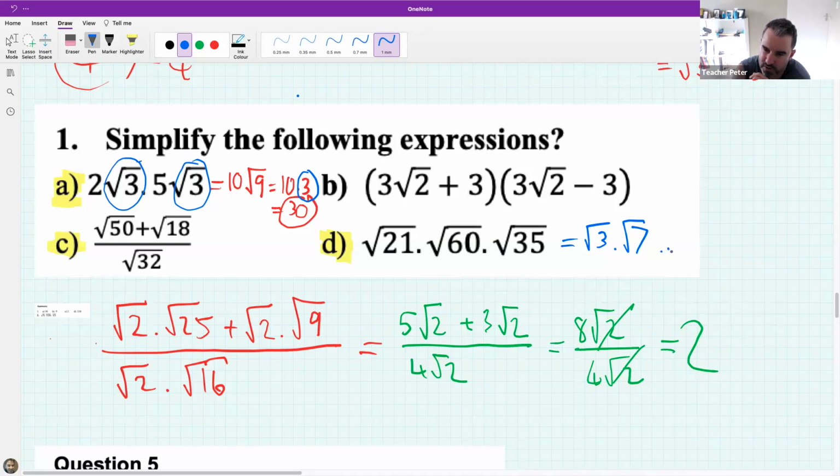I'm just going to go 3 and 20, maybe. But there's no guaranteed right one. And then for 35, I'm going to go square root 7 times square root 5. Now, I can break the 20 down further if I think something would be useful. Oh, of course, 20 can be broken down into 4 and 5.